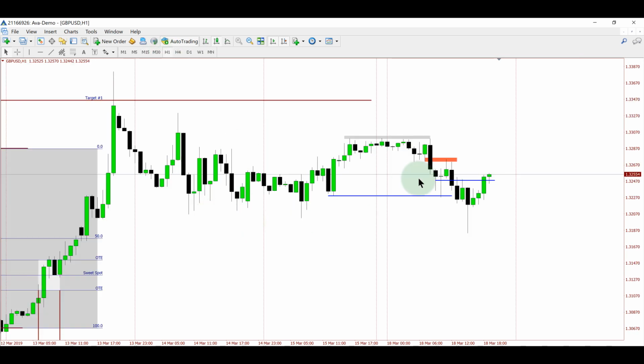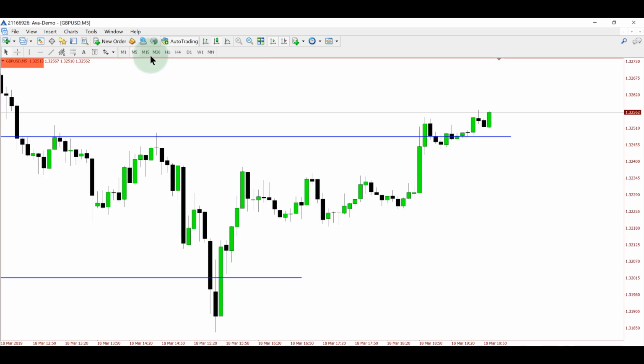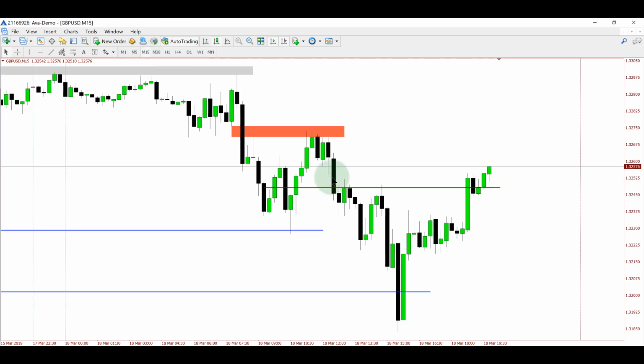Put this on the lowest of the low, between this low and this low. We swept through it, and it's dropped back down into a 15-minute time frame. So that's that run on the equal lows.